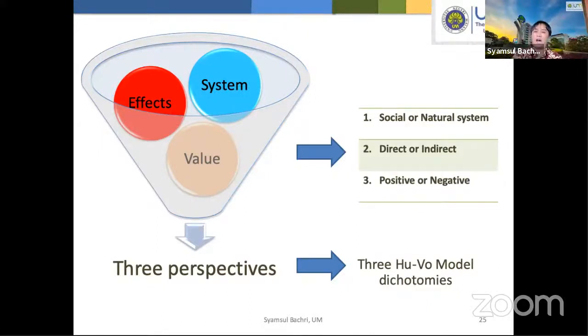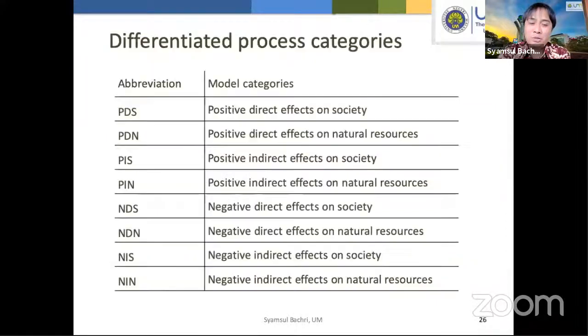This is how I developed the model. Then I come to these process categories. From three perspectives and three dichotomies, this is how I come to this table with 8 categories. It can be PDS, PDN, PIS, PIN, NDS, NDN, NIS, and NIN.